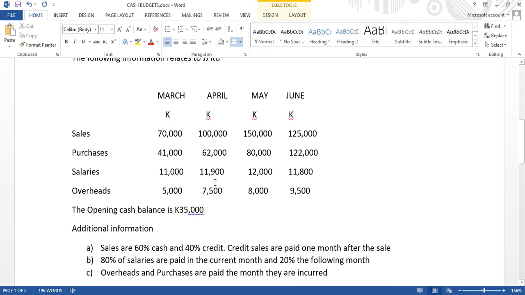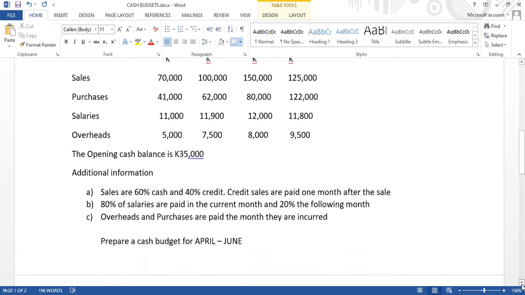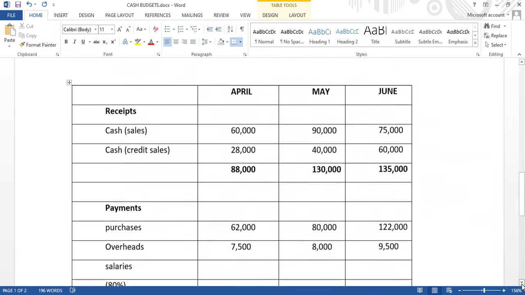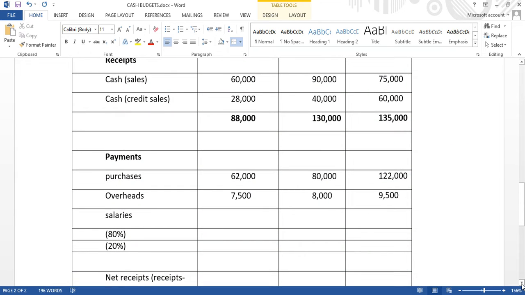Salaries is 11,900. So we get 80% of 11,900. That's 9,520.